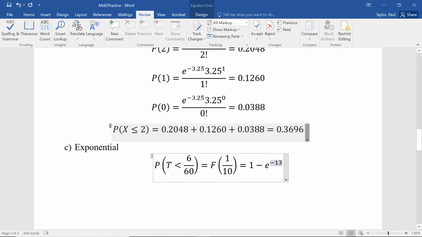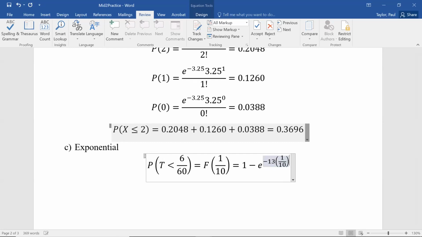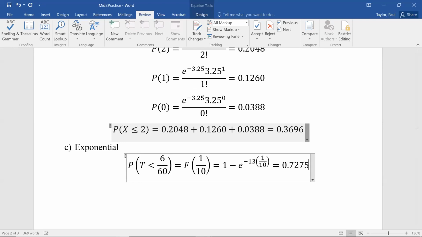So let's plug that into a calculator: 1 minus e to the power of negative 13 times 1/10. And I am getting 0.7275.